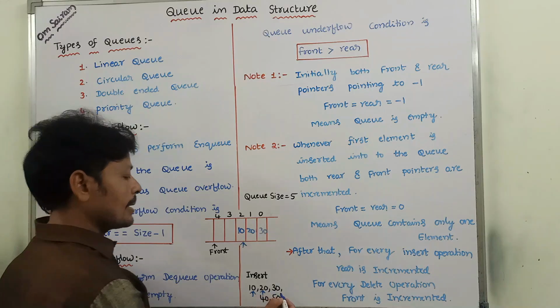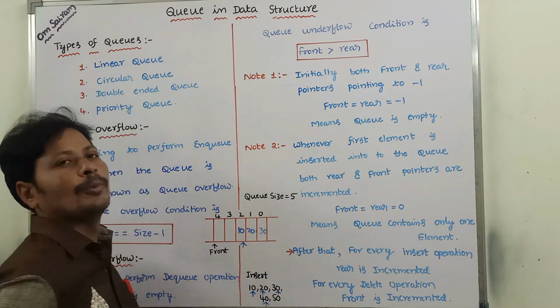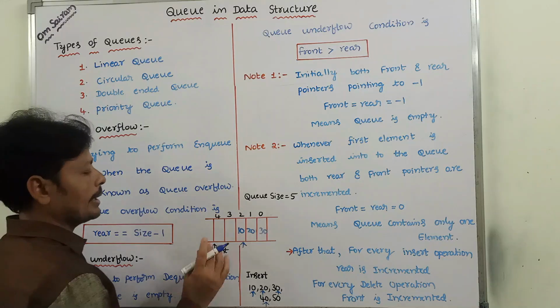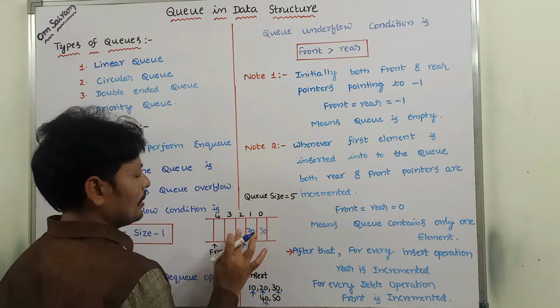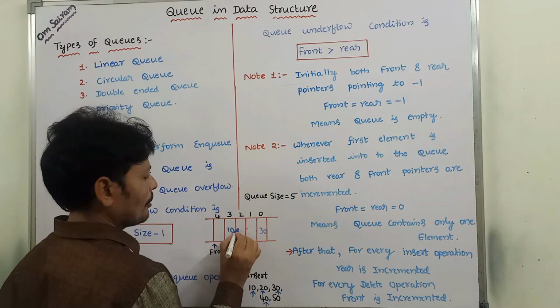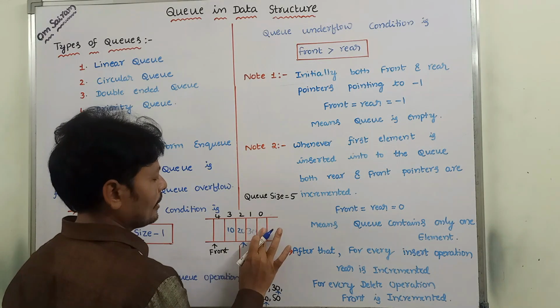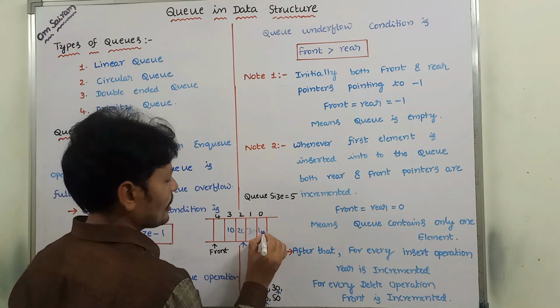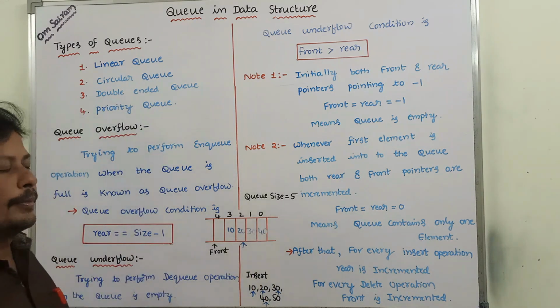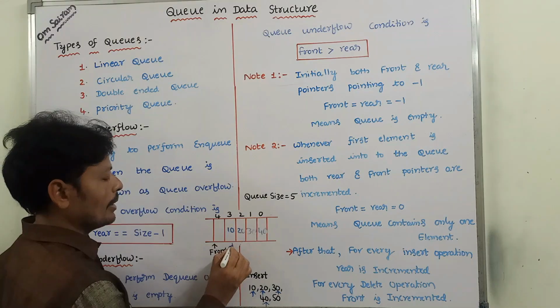Next, we are inserting element 40 into the queue. So 10 goes here, 20 goes here, 30 goes here, and 40 goes here. The rear pointer points to this one.